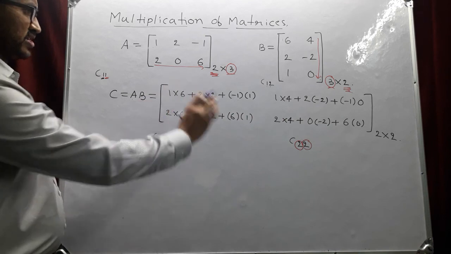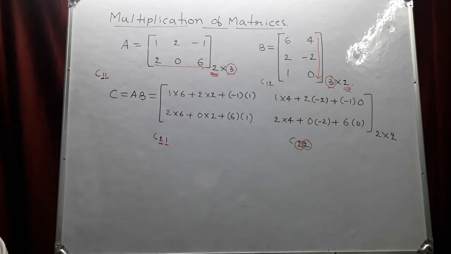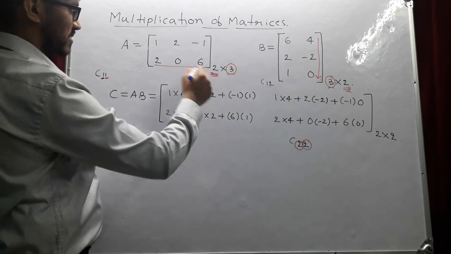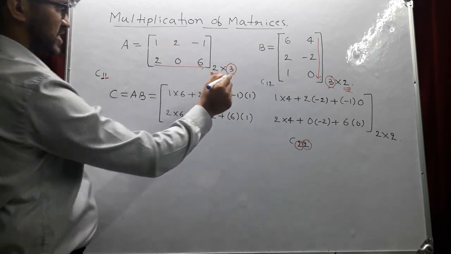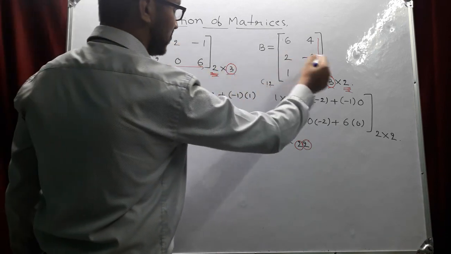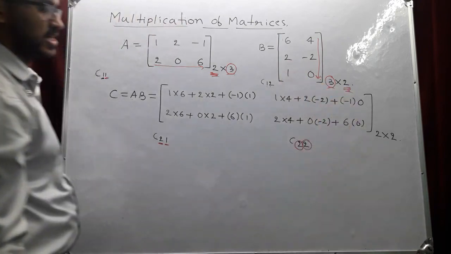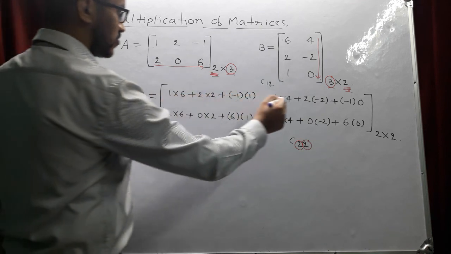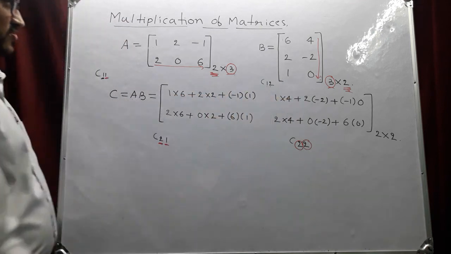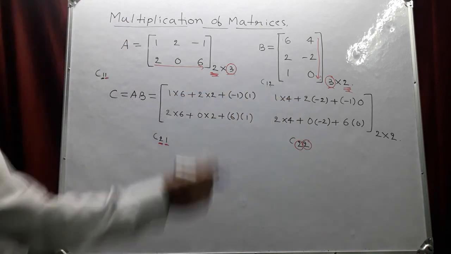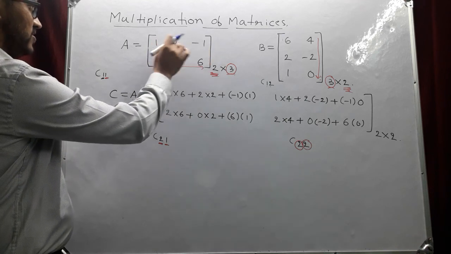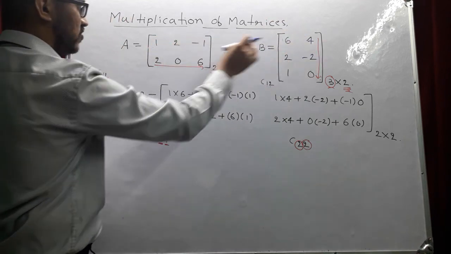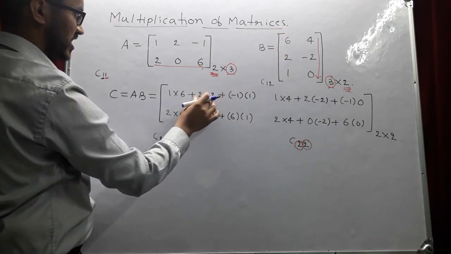I hope you understood how to multiply two matrices. One thing you have to remember is that the number of columns in the first matrix should be equal to the number of rows in the second matrix. Then to get first row elements in the product, you have to consider the first row of the first matrix with different columns. First row, first column gives this element.